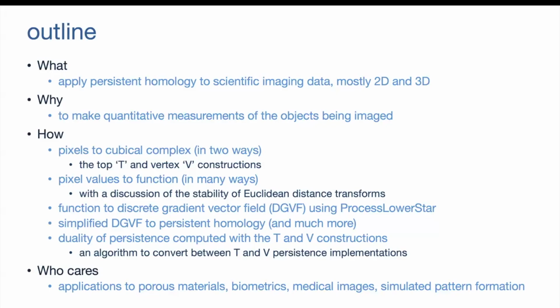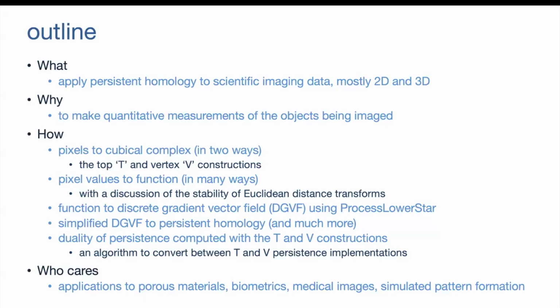Once we have our cell complex, we'll take something about the image values and turn that into a function that we will use to define our filtration. And from there, we could just compute persistent homology by adding one little cubical pixel cell at a time. But that means we're using many, many more cells or cubes than we really need.